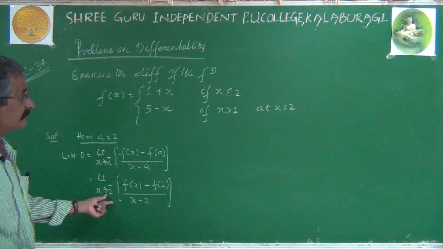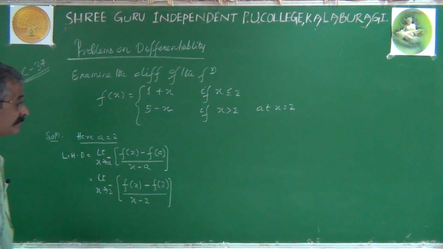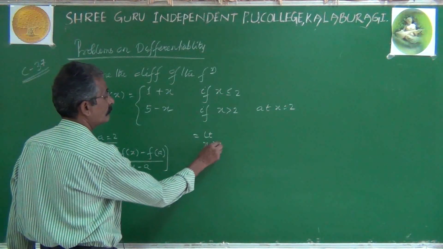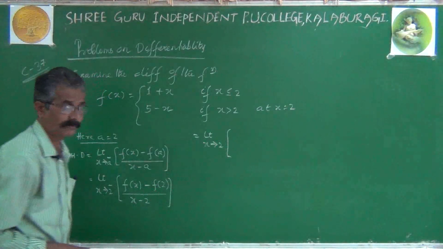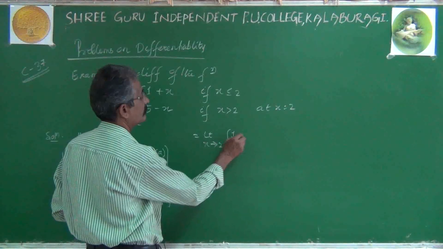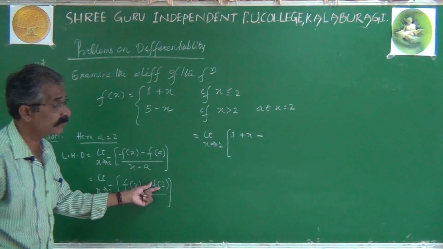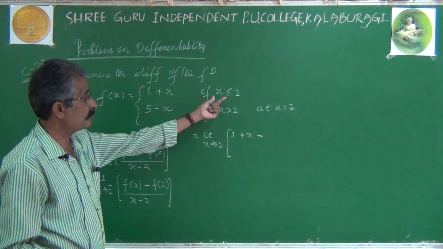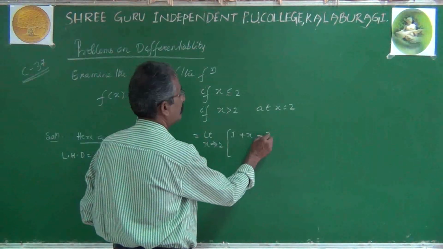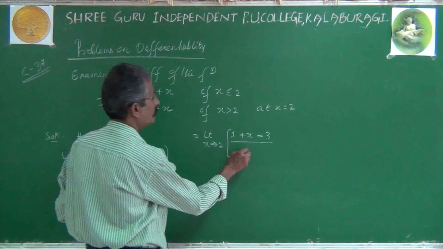What is the meaning of 2 minus? Less than 2. When x is less than 2, the function value is 1 plus x. That is equal to the limit as x extends to 2 of 1 plus x, and f of 2 means when x equals 2, we get 1 plus 2, which is 3, divided by x minus 2.